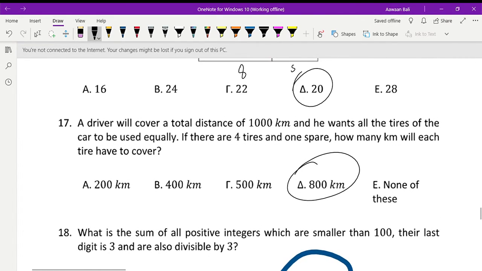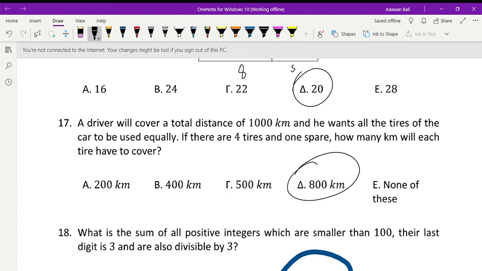Now, a driver will cover a total distance of 1,000 kilometers, and he wants all the tires of the car to be used equally. If there are 4 tires and 1 spare, how many kilometers will each tire have to cover? Now let's think. Now he has 5 tires, 4 normal tires and a spare one.